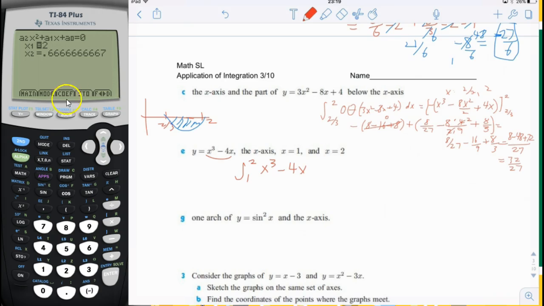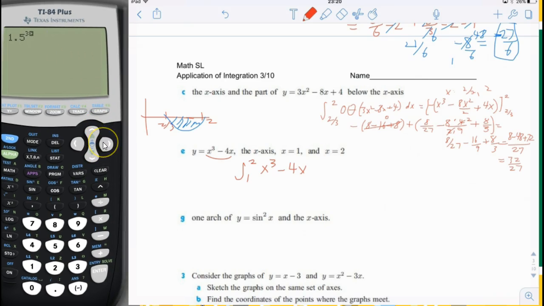So how about if I put in like 1.5? 1.5 is right between 1 and 2. So I'm going to put 1.5 in here, and then I'm going to see what it equals to see if the polynomial is above or below. So 1.5 cubed minus 4 times 1.5.